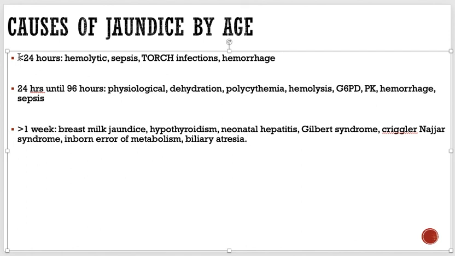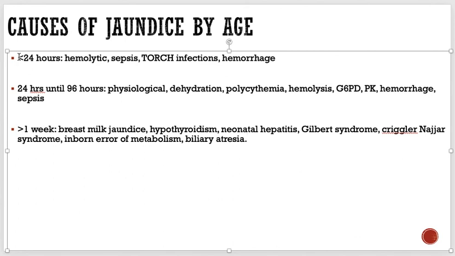Otherwise they are completely normal, by the way, guys. There are basically two syndromes which give conjugated hyperbilirubinemia, and two which give unconjugated hyperbilirubinemia. So there are four syndromes.